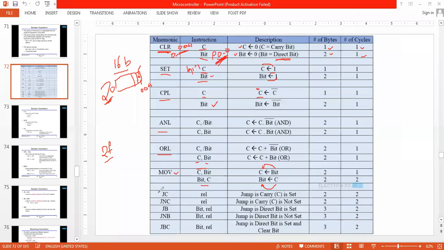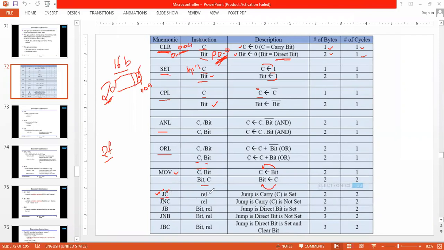Then basically these are the branch instructions, but they are also included in Boolean expressions. We will see that. J stands for jump. And JC, this is one condition now. The jump is going to happen only upon the status of carry flag.